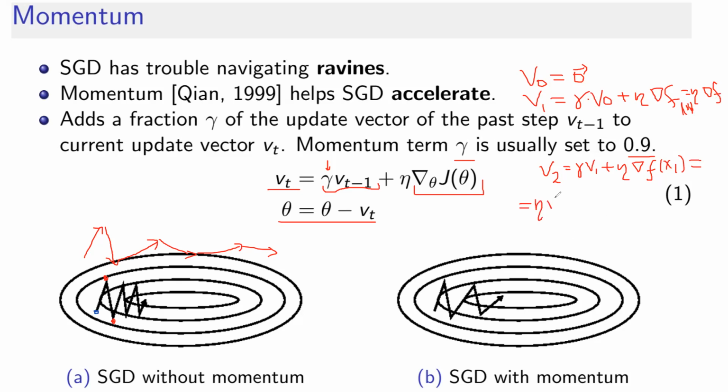So this is eta times the gradient of f at point x0 plus eta times the gradient of f at point x1. Don't forget about the gamma that we multiply. And then v3 will be the same thing. We multiply the previous v2 by gamma, so it will be gamma squared eta gradient at point x0 plus gamma eta gradient of f at point x1 plus eta gradient of f at point x2, and so on.